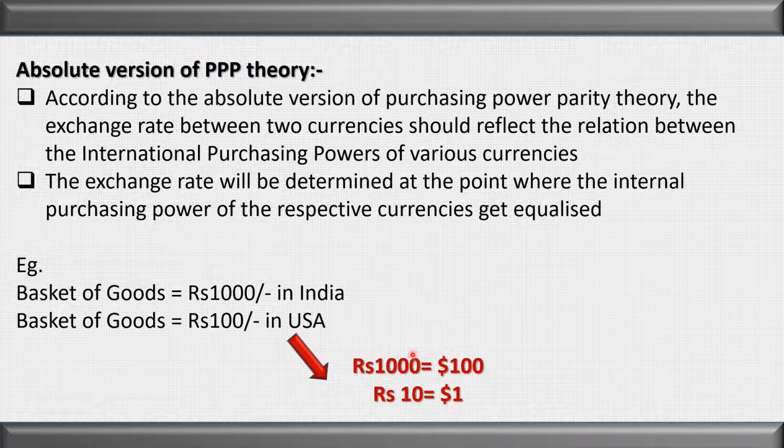Because the same commodity can be purchased for 1000 rupees and for $100. So here both the currencies are equal. The point at which both the currencies are equal is called purchasing power parity. The same quantity can be purchased for 1000 rupees and that very quantity can be purchased for $100. So here we can say that 10 rupees is equal to $1.